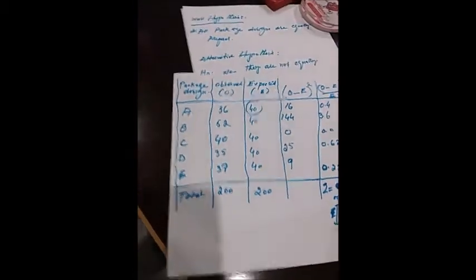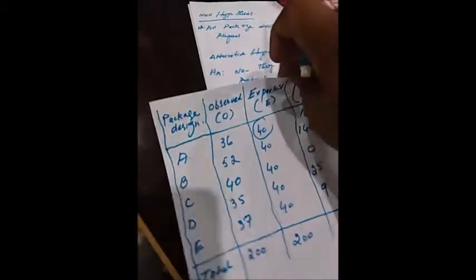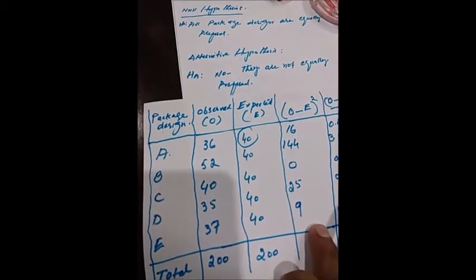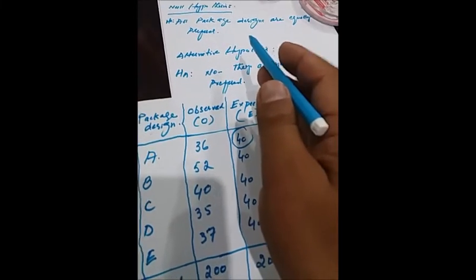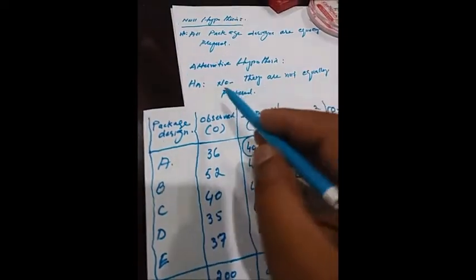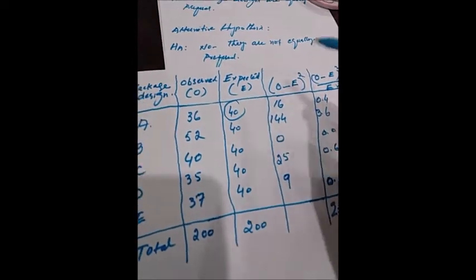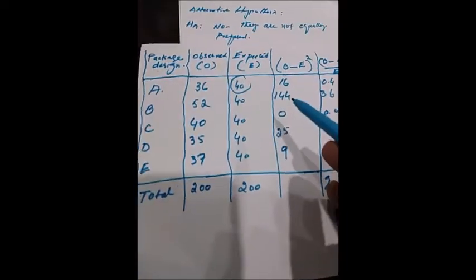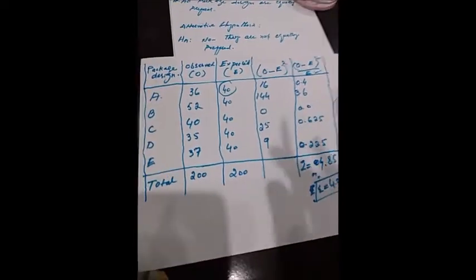So this is for testing the hypothesis. As we already defined on the first page, chi-square is widely used in research studies involving nominal data for testing hypotheses. The null hypothesis says that package designs are equally preferred, whereas the alternative hypothesis says they are not equally preferred and have some significant difference in consumer preferences.